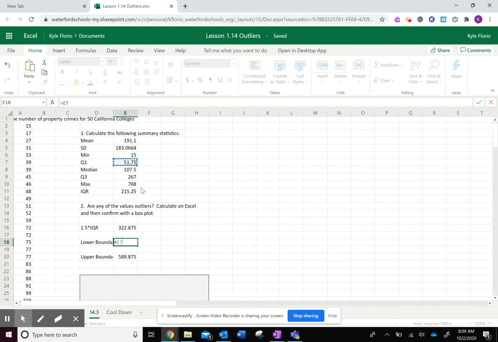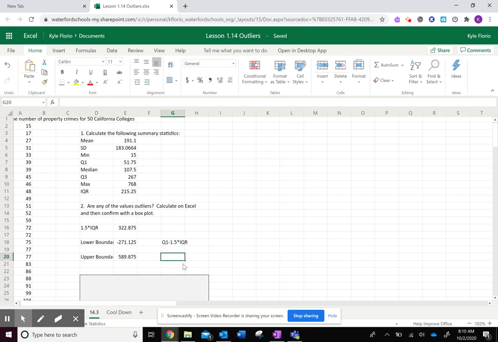Q1 is this number right here, and I subtract that from this guy right here, and we get that number. So I'm just going to type what we did here. We took Q1 and subtracted 1.5 times the IQR. So that gives us our lower boundary, and our upper boundary was Q3 plus 1.5 times the IQR.